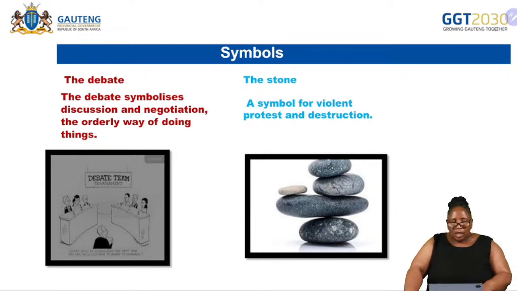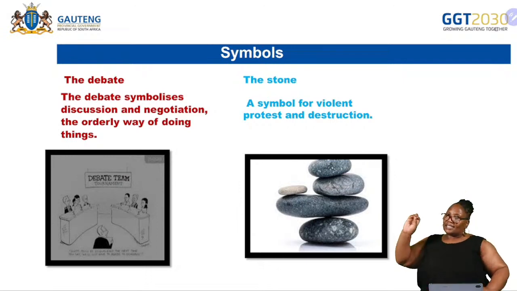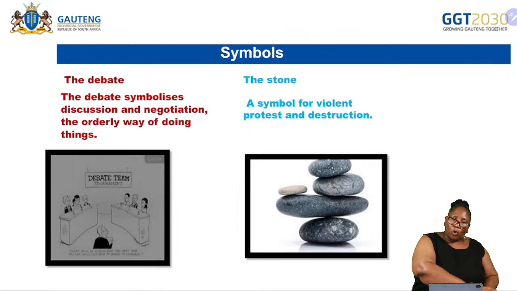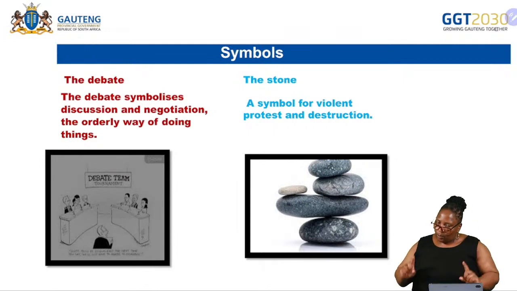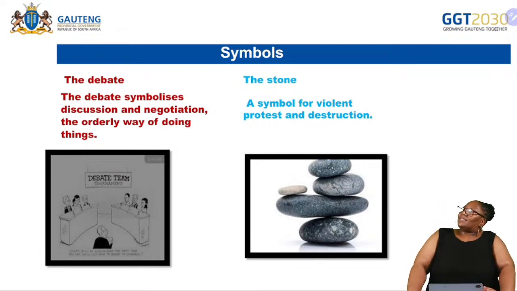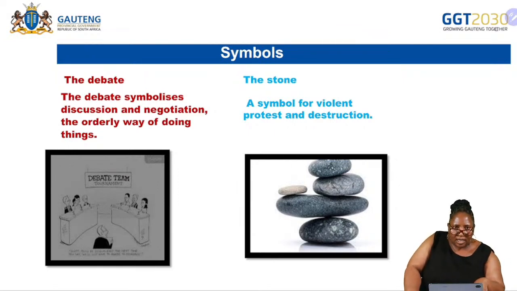What do we do? We pick up the stones and we throw them as a sign of protest. And what else do we do? We destroy, we burn, like the activists were intending to burn the school. And Mr. M says, we can't do that. Let us talk about this.